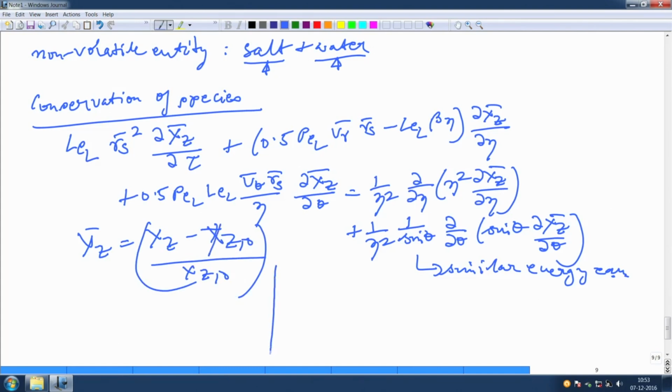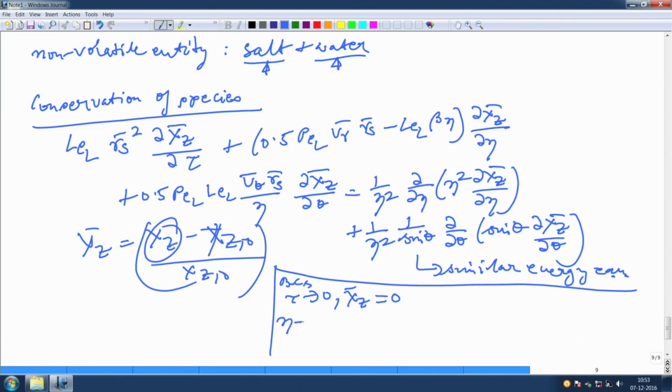So, if we have to write the boundary conditions here, first the initial conditions: when tau is equal to 0, chi z bar is equal to 0, because it is the same as the initial value, right.